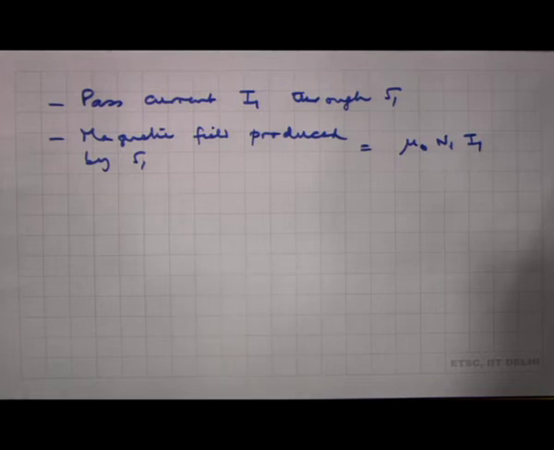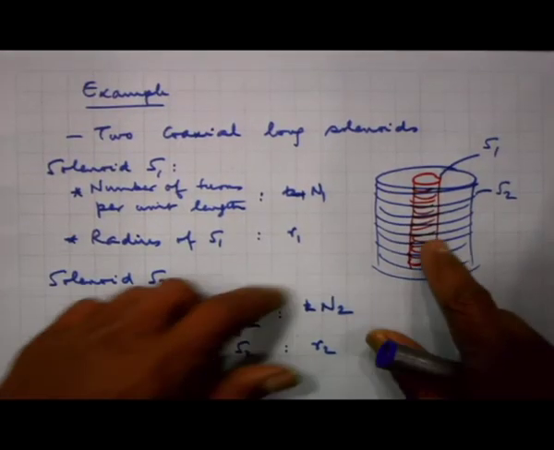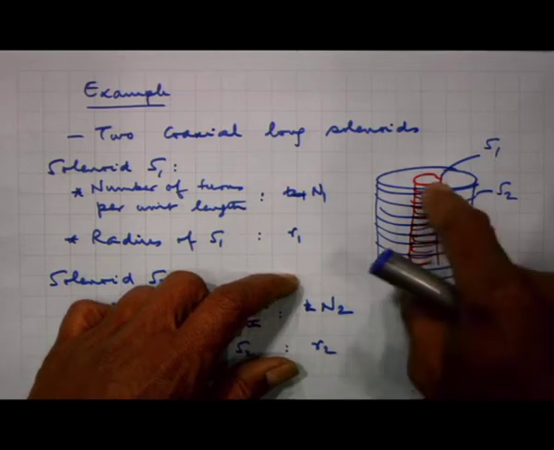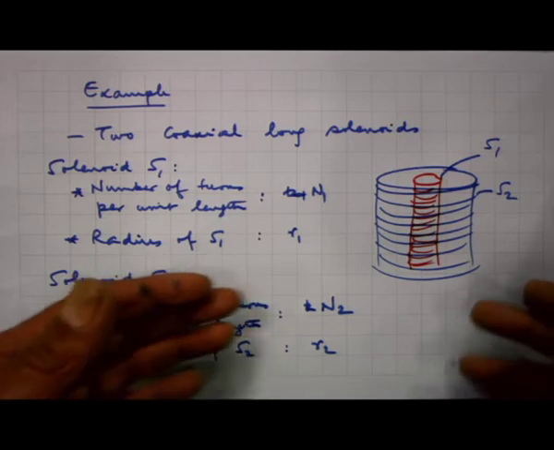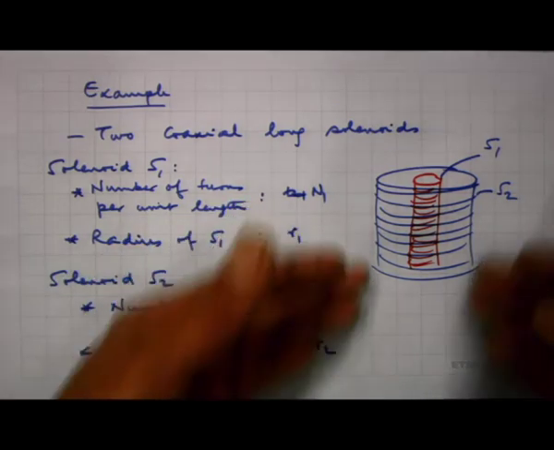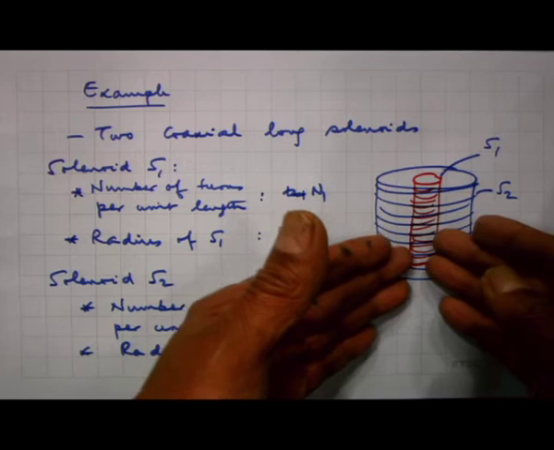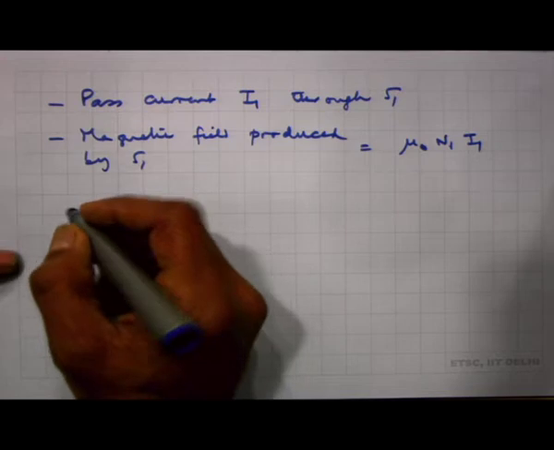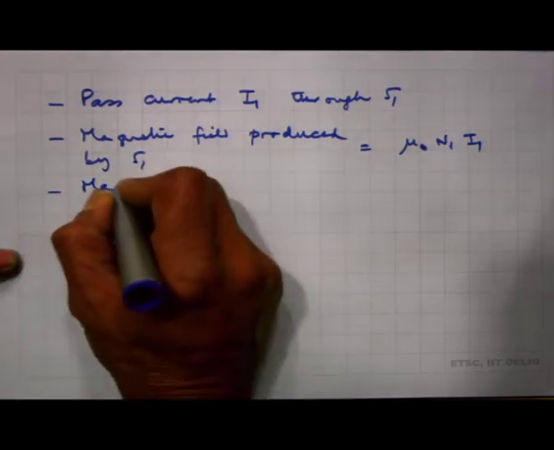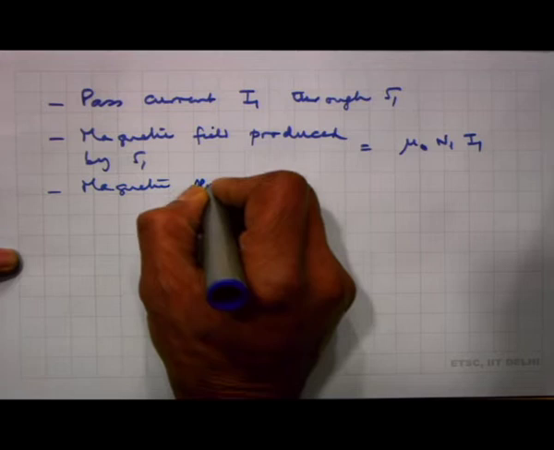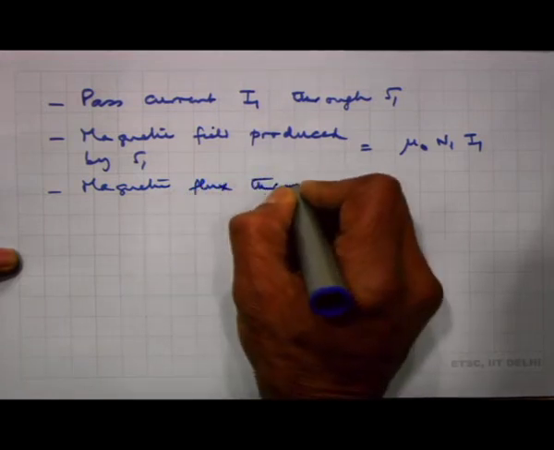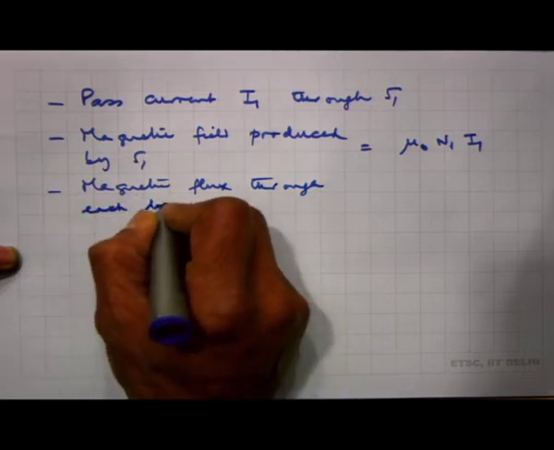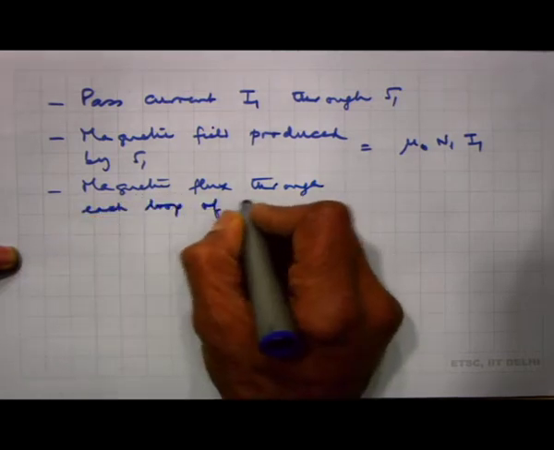Now, please remember the solenoid S2 is surrounding solenoid S1. So, the magnetic field generated by S1 forms a part of the magnetic flux that is crossing S2. So, what is the magnetic flux through each loop of S2?